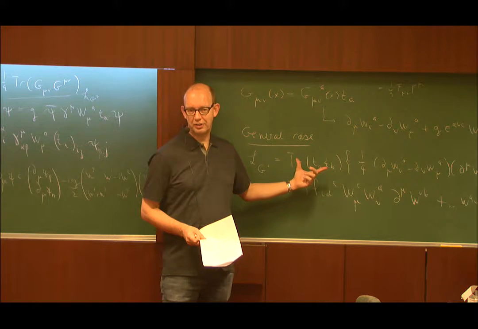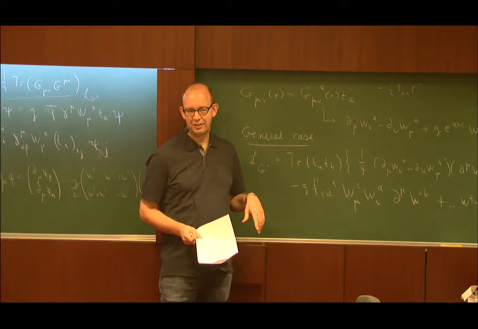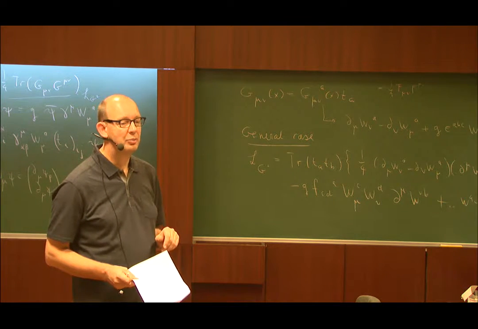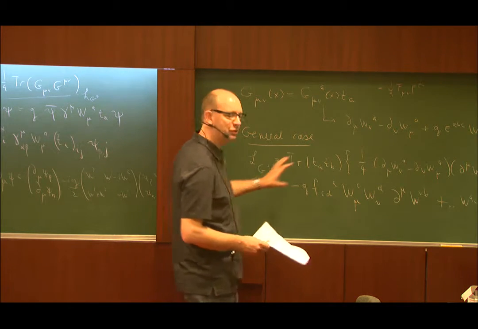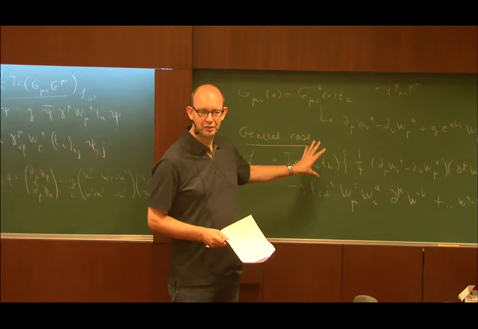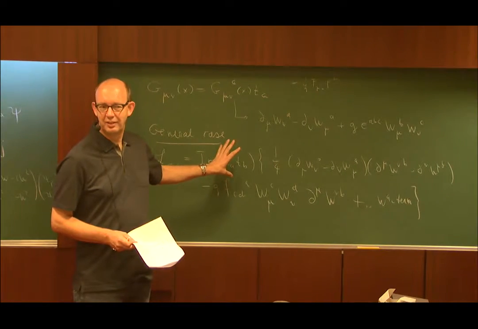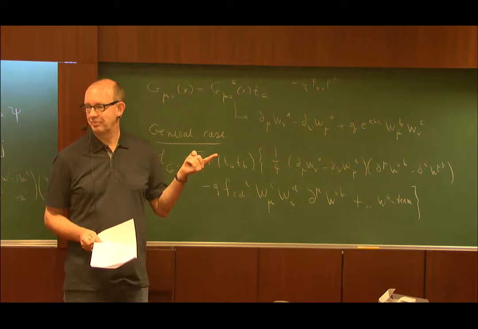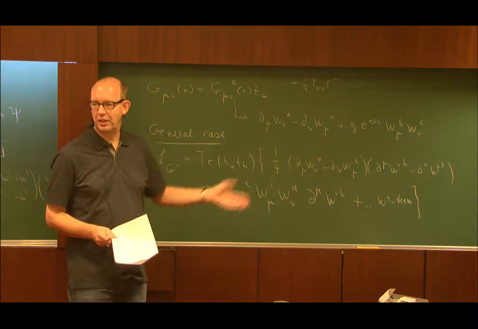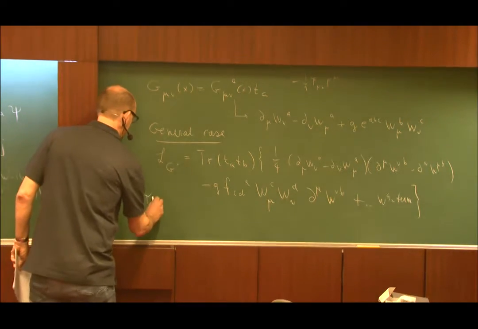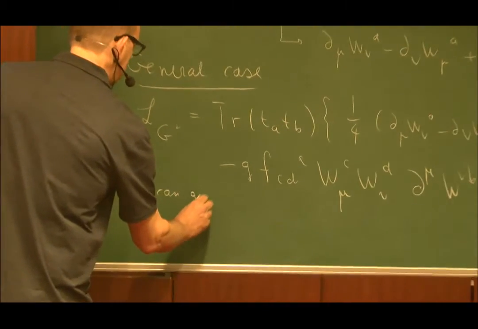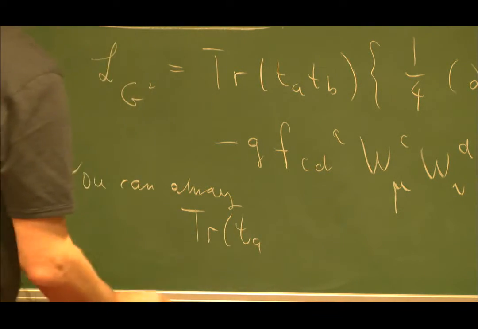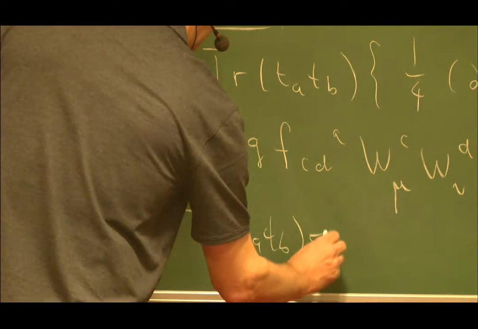Now, why would it produce a minus sign? Sorry? The trace of T^A T^B is how you normalize it. Right. But could this be negative? I mean, usually when these are Hermitian matrices, this is positive. But they're not Hermitian, they're anti-Hermitian. They have an i in them. So you get i squared, and that gives you the minus sign. So you can always choose a basis where the trace of T^A T^B is minus delta^{AB}.